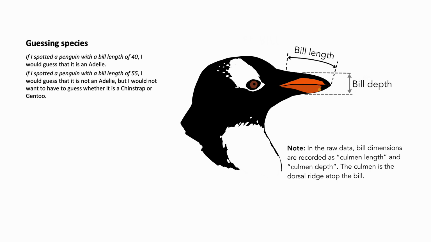If I spotted a penguin with a bill length of 40, I would feel pretty confident guessing that it is an Adelie. If I spotted a penguin with a bill length of 55, I would guess that it's not an Adelie, but I would not want to have to guess whether it is a chinstrap or a Gentoo.